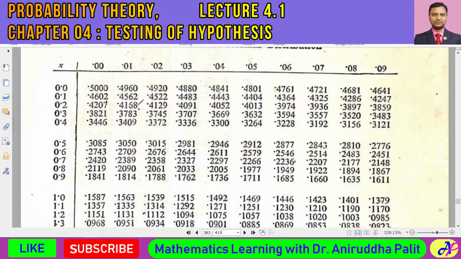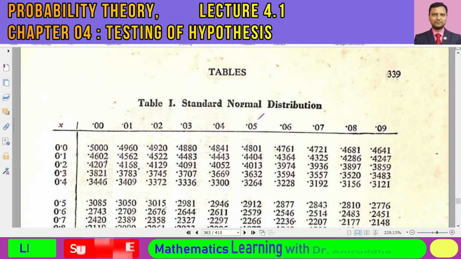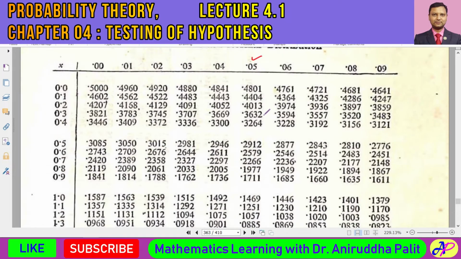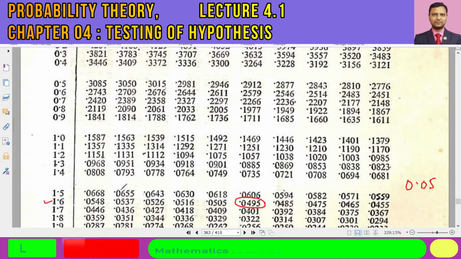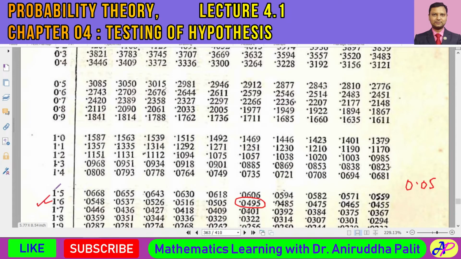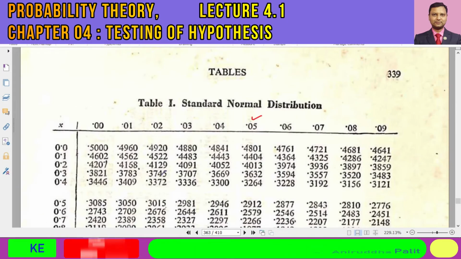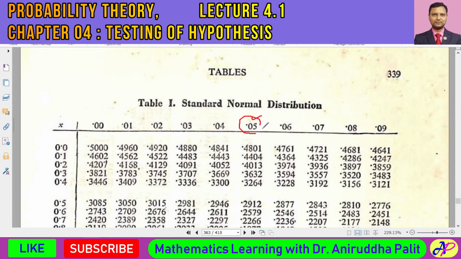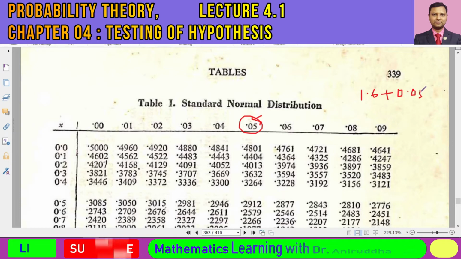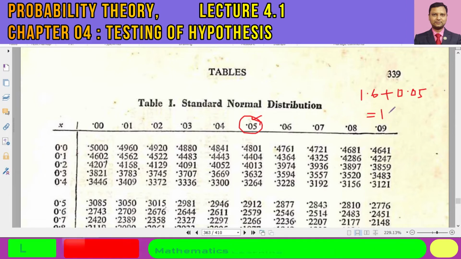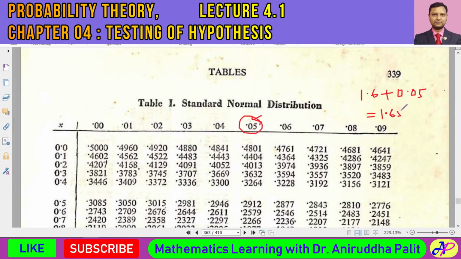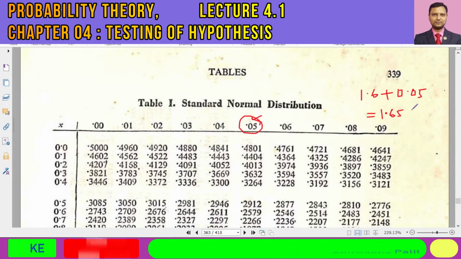What was the row heading? The row heading was equal to 1.6, and the column heading is equal to 0.05. This is the column heading. So if we just add these two, 1.6 plus 0.05, that would be actually the value of U epsilon, 1.65.